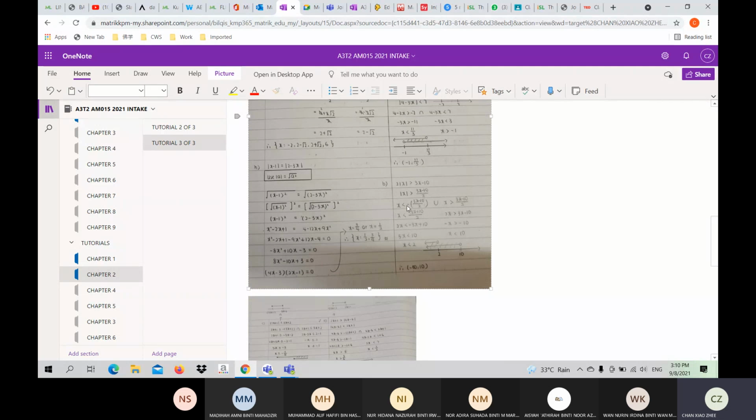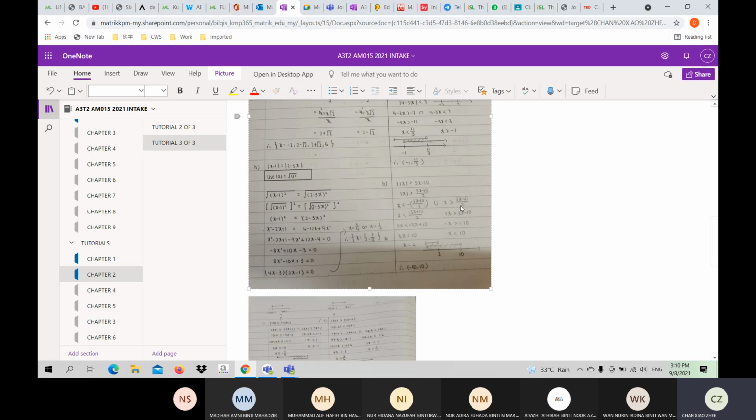So x smaller than negative 3x minus 10 divide by 2 union x greater than positive 3x minus 10 divide by 2. So negatif ini pindah ke dalam jadi negative 3x plus 10.